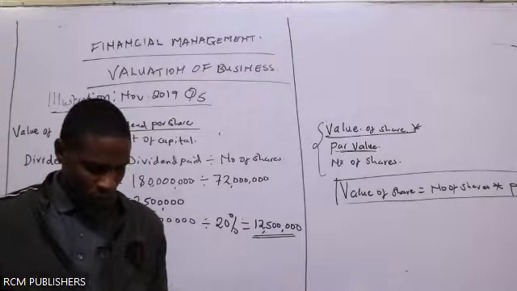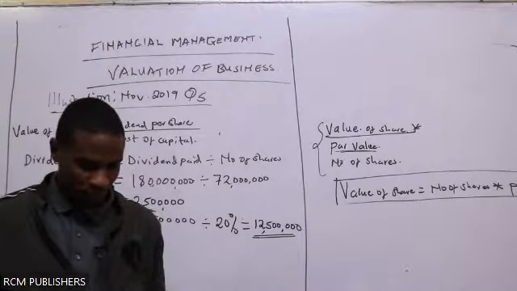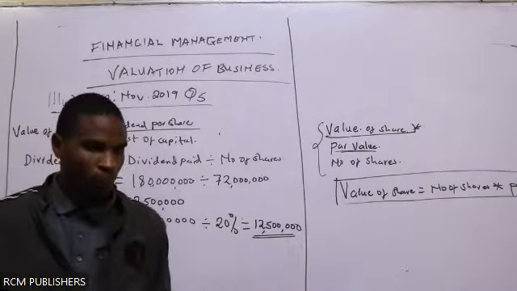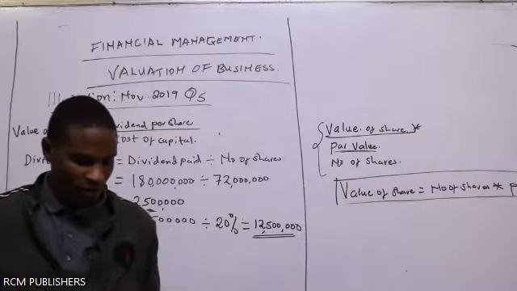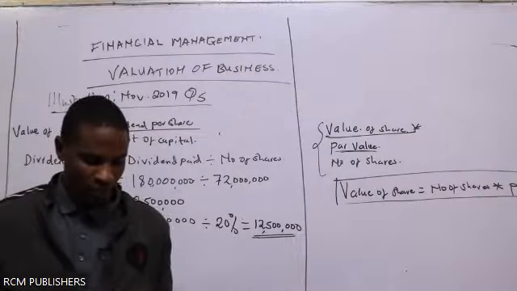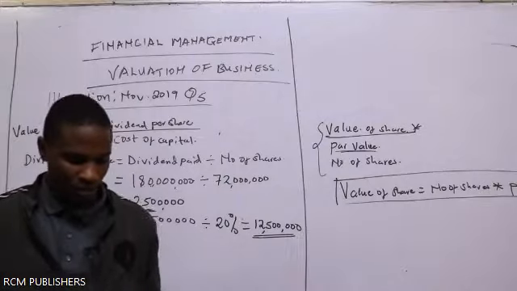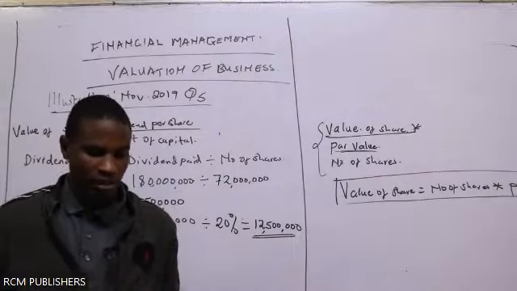So let's move to the other question. I think that's Roman number 2, C2. In C2, we are asked to come up with the value of the company as at 3rd April 2019, assuming that the management made a decision to undertake the investment.